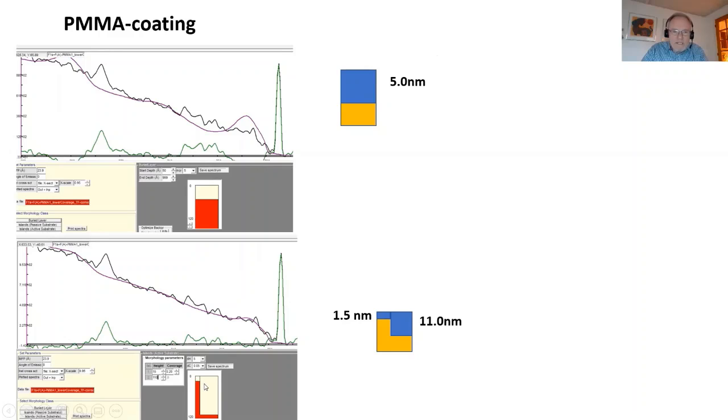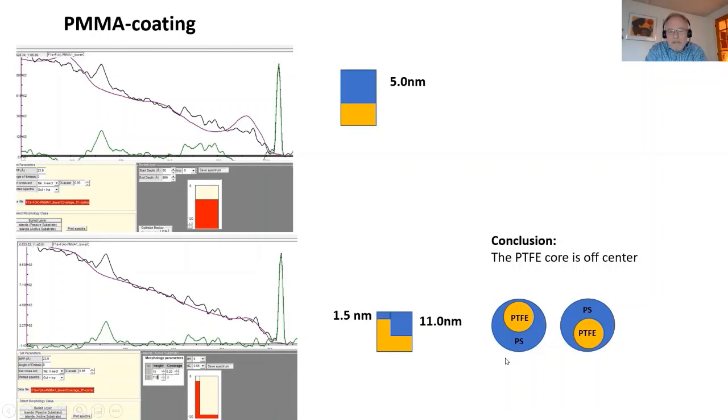So what this shows is that we have two coating thicknesses, part of the surface with 1.5 nanometers and part of it with 11 nanometers. And what this means is that we don't have an ideal coating of the PTFE.